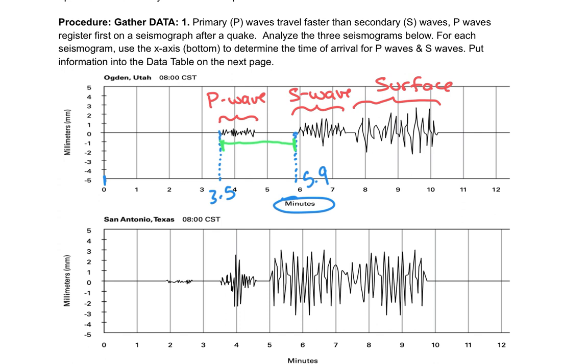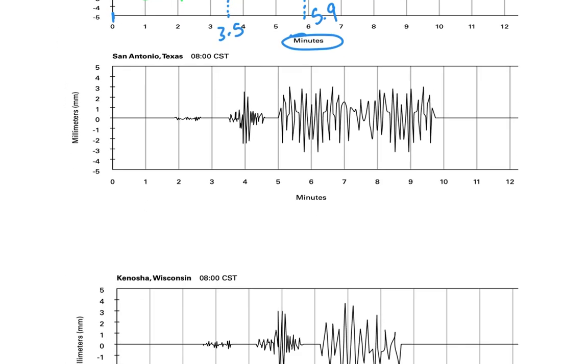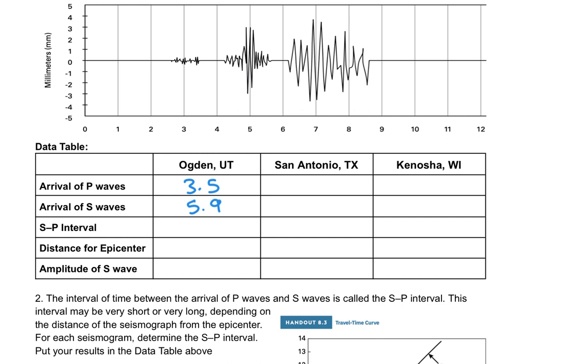So we need to do some subtraction here to find the SP interval. So let's do our 5.9 minus 3.5 gives us 2.4. So 2.4 is our SP interval. Go down here and put that information in.